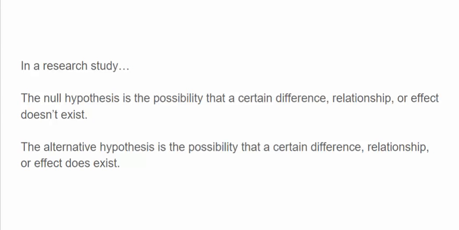Well, in that person's data collection project, the null hypothesis is the possibility that there's no difference in self-esteem on average between people who use social media and people who don't use social media. The two averages or the two means are equal. The alternative hypothesis is a possibility that there is a difference in self-esteem between people who don't use social media and people who do use social media.